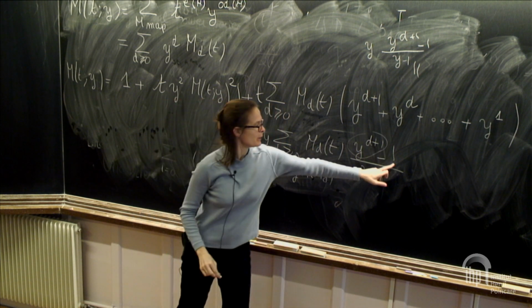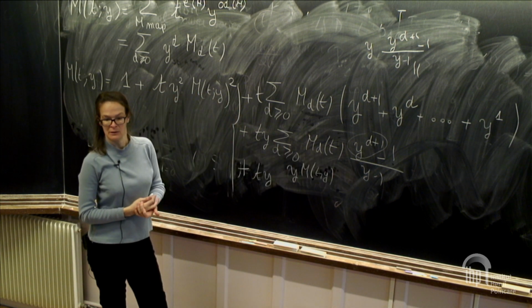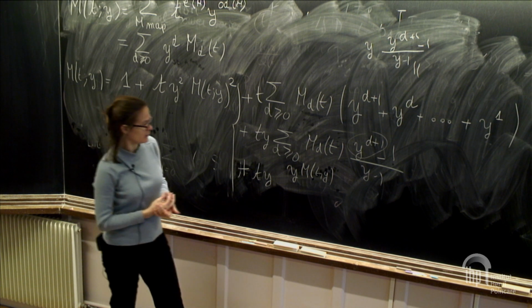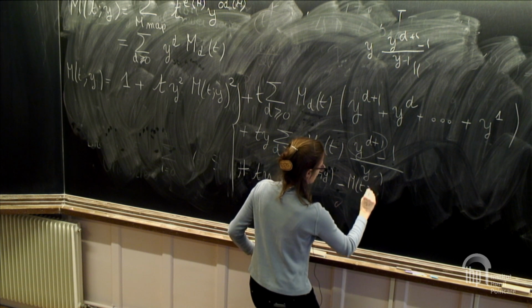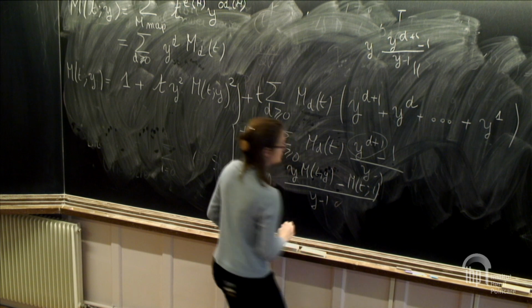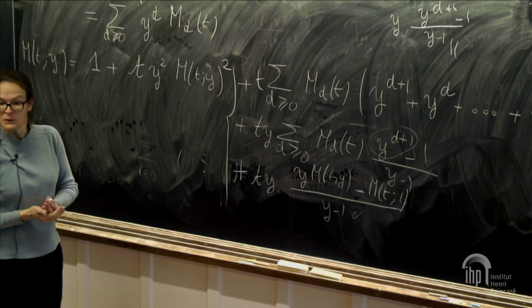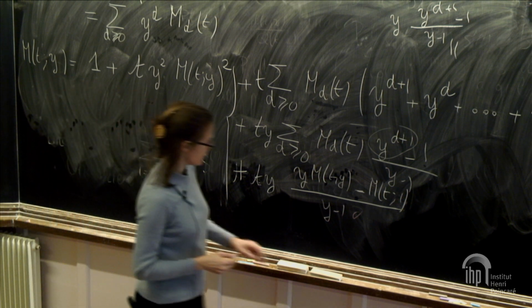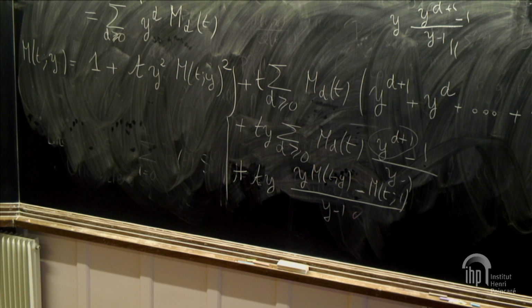And then how can I write this other sum with the minus 1? M of t, 1 minus M of t, y, divided by y minus 1. Okay, so that's the functional equation obtained by the removal of the root edge.